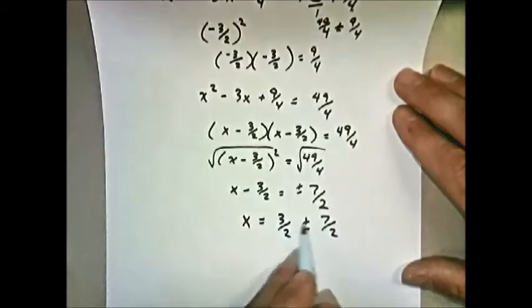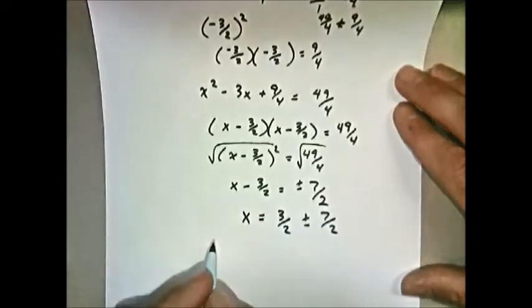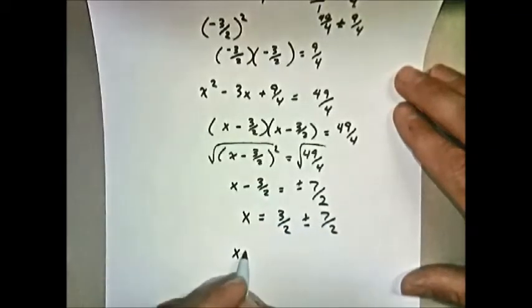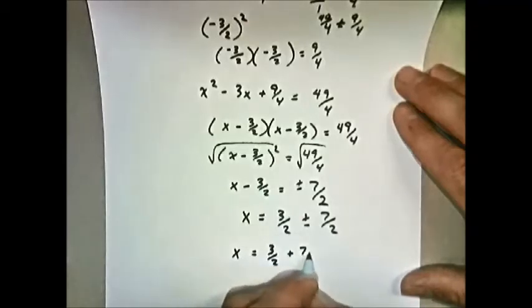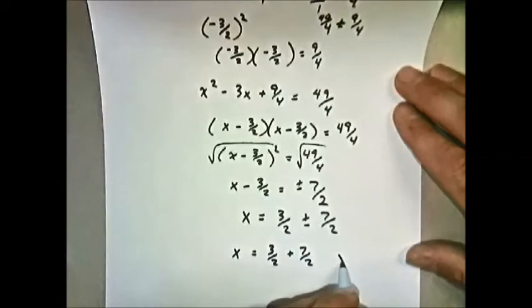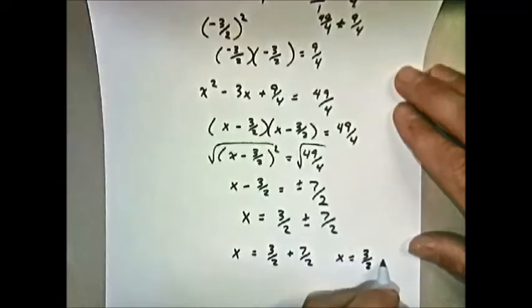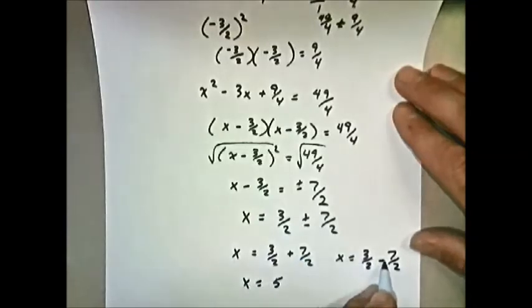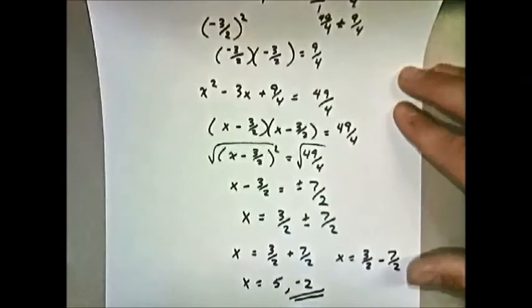Notice these are two real numbers, so we can add them together. So we get x equals 3 halves plus 7 halves, and x equals 3 halves minus 7 halves. 3 halves plus 7 halves is 10 halves, or 5, and 3 halves minus 7 halves is negative 4 halves, or negative 2. And there's our two solutions.